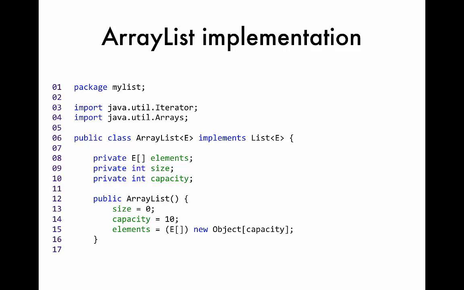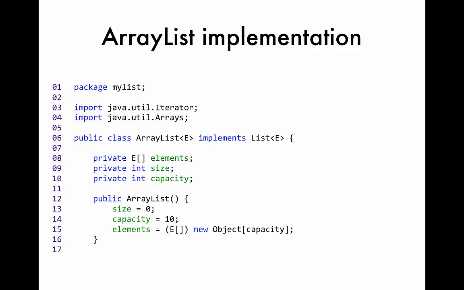Let's see how a new array is created, and this will become more clear. The constructor is going to create a new empty list. Since the list is empty, the initial size is going to be 0. However, we anticipate that the list will grow, so we're going to make room for new elements by setting the capacity to 10. Remember, the capacity will be the length of the array.